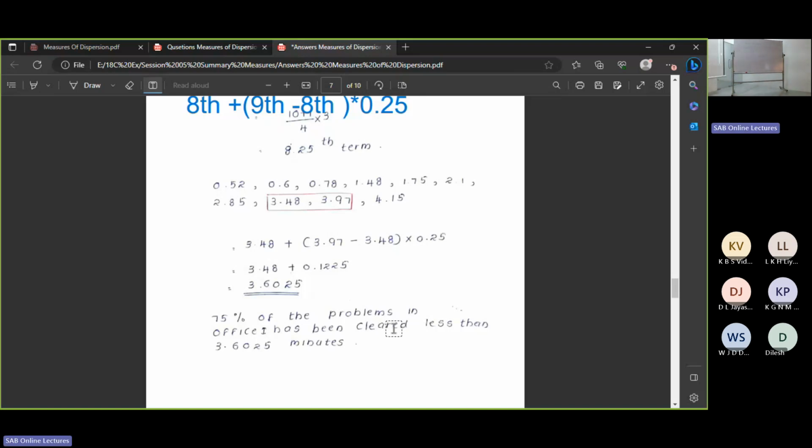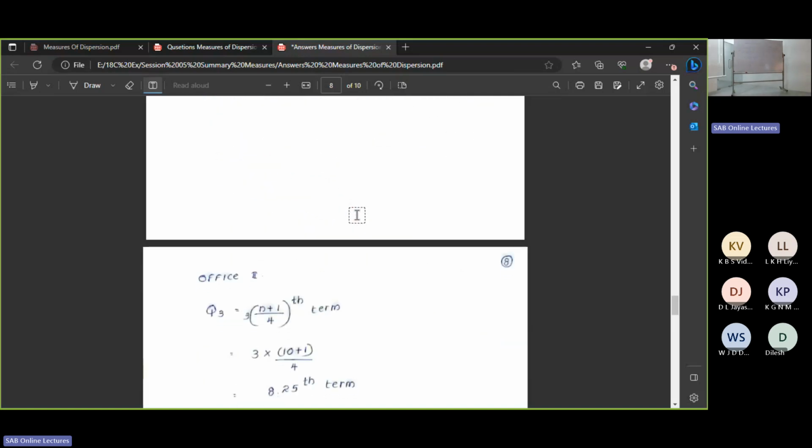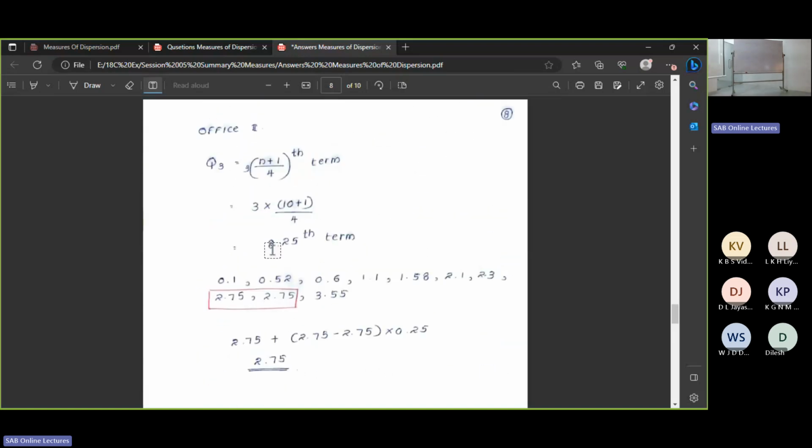Okay. Then office 2, again the 8.25th term, since the number of observations is the same. Okay, then for the 8.25th term in office 2, arrange the data set in ascending order. We find the 8th and the 9th term. Then first we write the 8th term, then take the difference between the 8th and 9th, then take the 0.25.